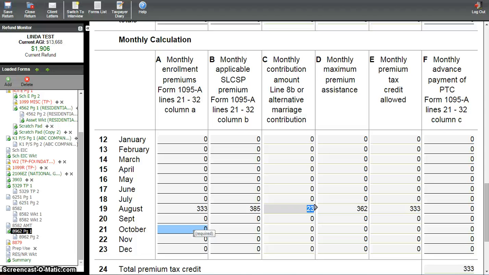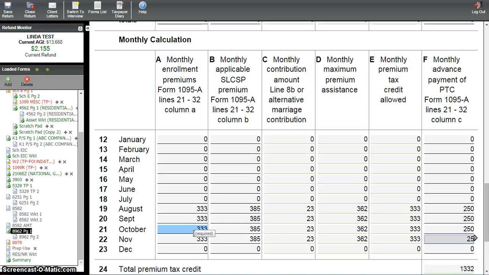TaxWise calculates and populates columns C, D, and E, and then you will enter the advanced premium tax credit in column F. And again, these figures are coming from the Form 1095A, and you just enter the numbers on this form.